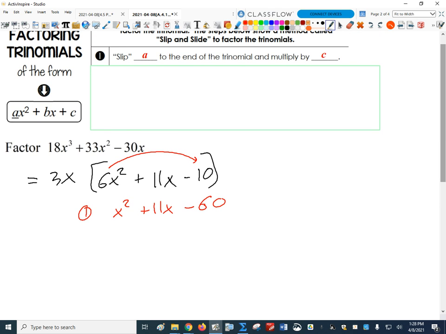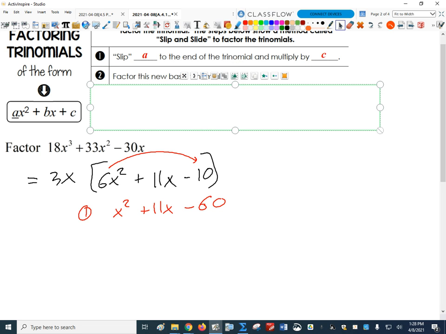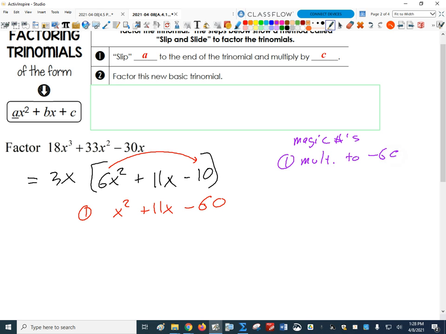Okay, good. So now we've created this basic trinomial where a is equal to 1. So we'll just factor that regularly. We want to find magic numbers that multiply to c and add to b, right? So what are our magic numbers? They've got to multiply to negative 60 and add to 11.